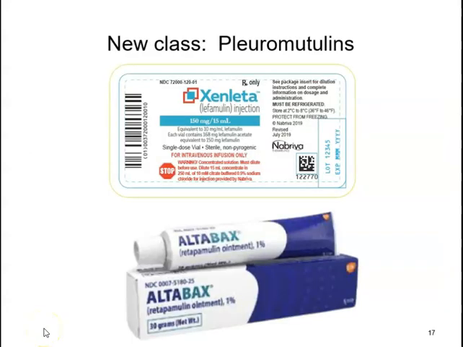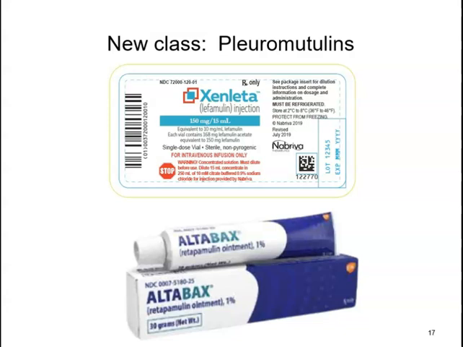So this new class of drugs is called the pleuromutilins. These really aren't that new. They've been around since the 1950s. And in fact, they had been used in veterinary medicine. They worked really well against a lot of mycoplasma species and some of the other species, especially in pigs and poultry and even rabbits. And resistance, when it's been used for veterinary use, has been really uncommon.